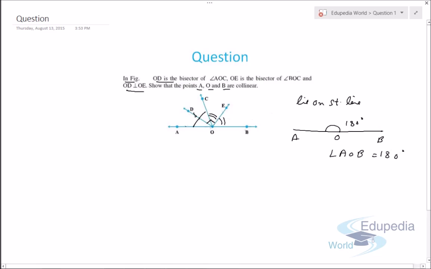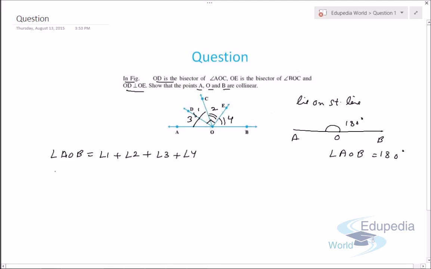For our convenience, let's mark these angles as angle 1, angle 2, angle 3 and angle 4. Now angle AOB can be written as angle 1 plus angle 2 plus angle 3 plus angle 4.